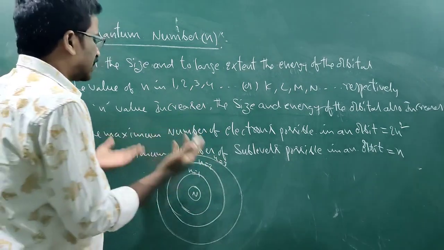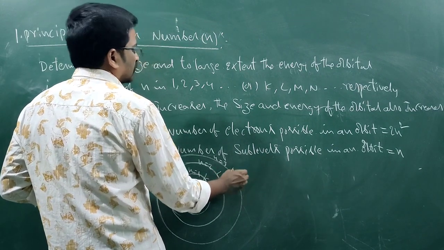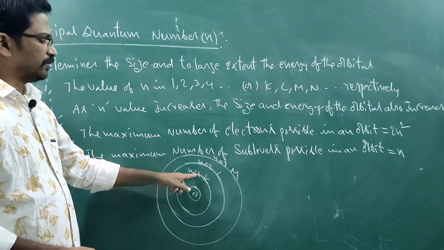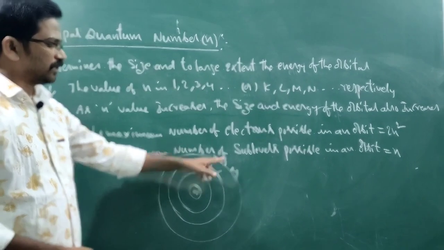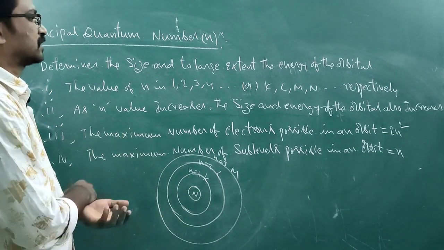These are also known as K, L, M, and N shells.